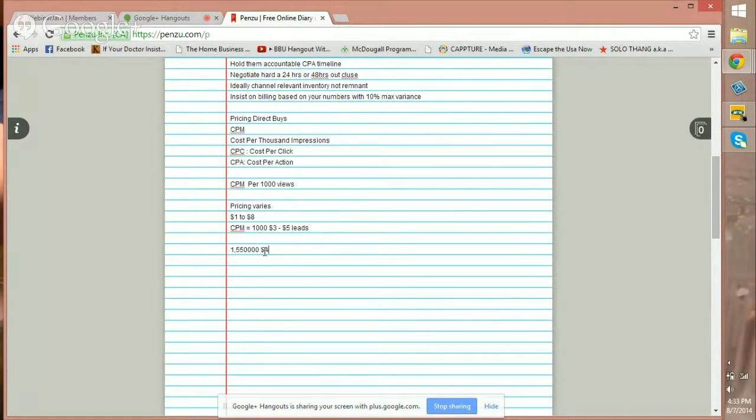Remember, CPM is every thousand. How many thousands are in 1.5 million? You're going to end up paying something like 6,000. Let me just pull up my calculator and check this quickly before I give you the wrong number. Give me one second. I'm just doing some calculations, guys.